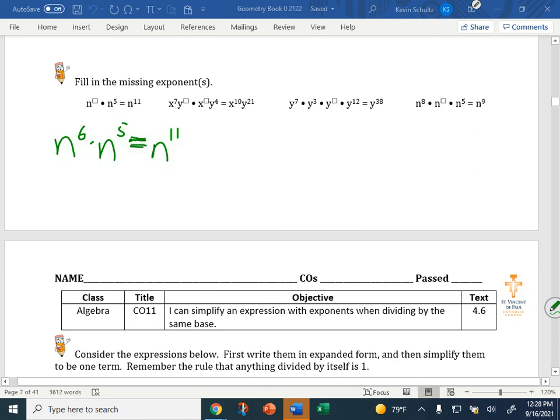Doesn't sound quite right. It wouldn't just be n, would it? No. I mean, think about it. Really the rule is you add the powers. So it's kind of like 8 plus the missing exponent, plus 5 has to equal 9. What number would make that equation true? That's how you can break it down.